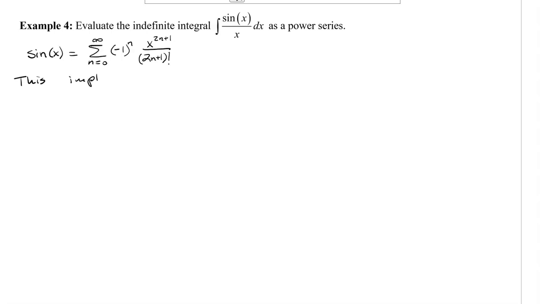This implies that sine x over x should equal 1 over x times our power series for sine x. Now, if we multiply in this 1 over x, it's going to look like this.